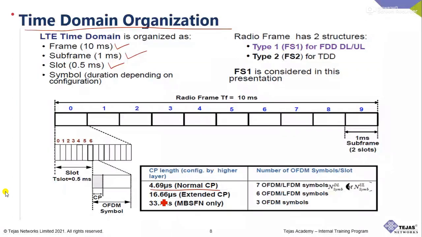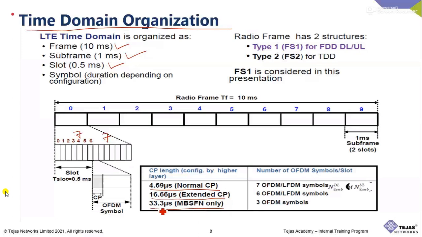If we go for extended cyclic prefix, we get 6 OFDM symbols with 16.66 microsecond as the cyclic prefix duration. And if we go with MBSFN, which is multimedia broadcast single frequency network, we go with 3 OFDM symbols with a cyclic prefix duration of 33.3 microsecond.